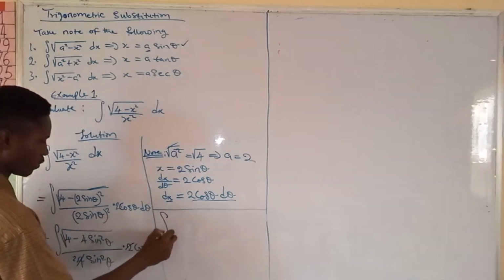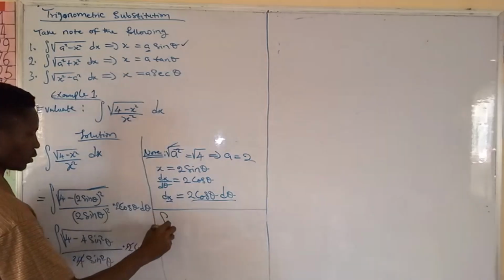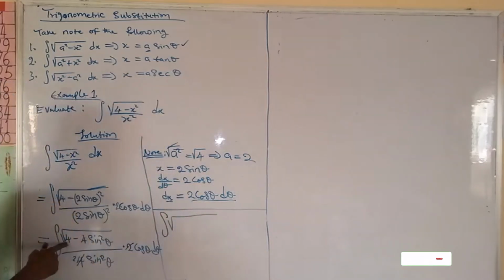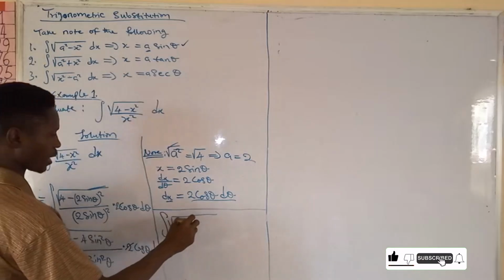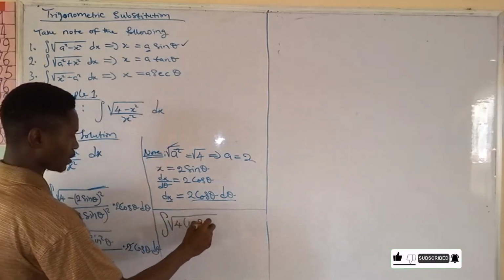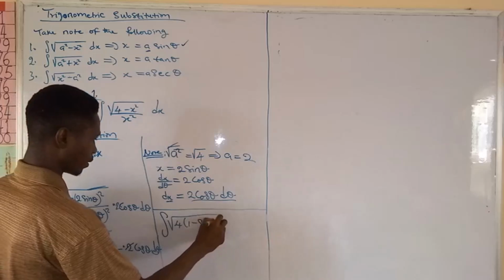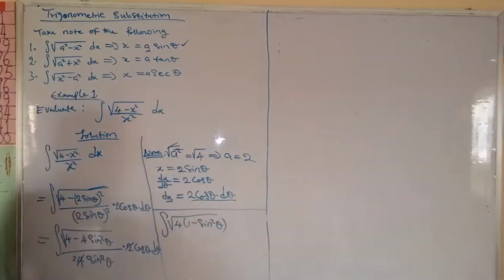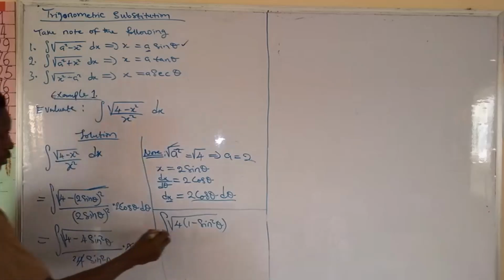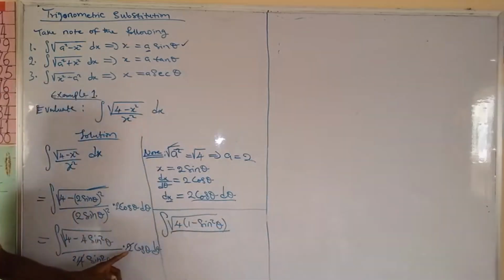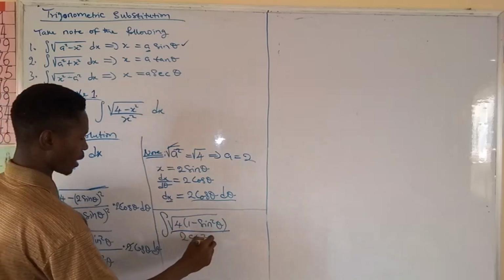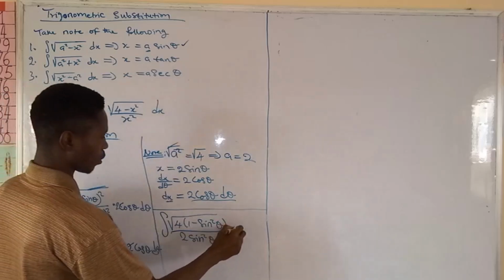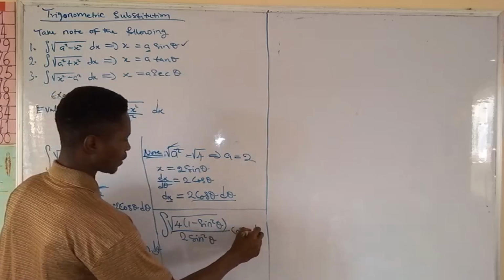So this is going to give us the integral of the square root of, instead of 4 minus 4, we have 4 into 1 minus sin square theta. So it's still the same thing as this. All over, remember we've cancelled this, so we are left with 2 sin square theta cos theta d theta.